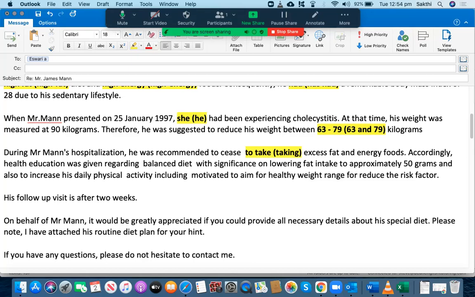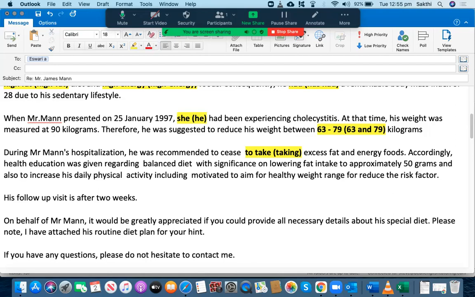Accordingly, health education was given regarding balanced diet with the significance on lowering fat intake to approximately 50 grams and also to increase his daily physical activity, including motivated to aim for healthy weight range for reduce the risk factor. That is wrong. Okay, I'll tell you what kinds of mistakes she has committed.